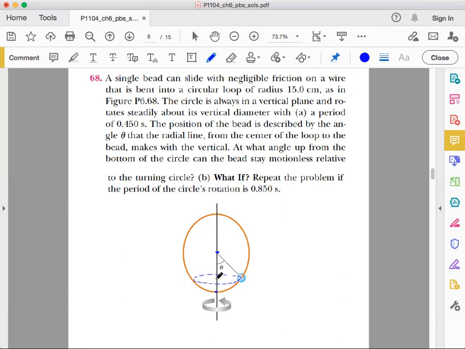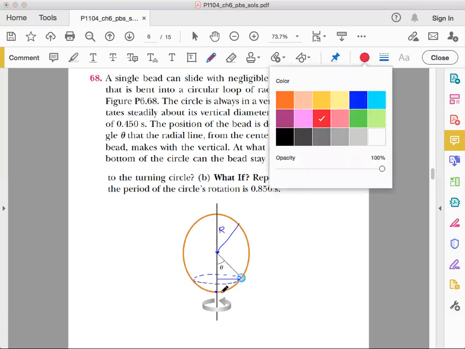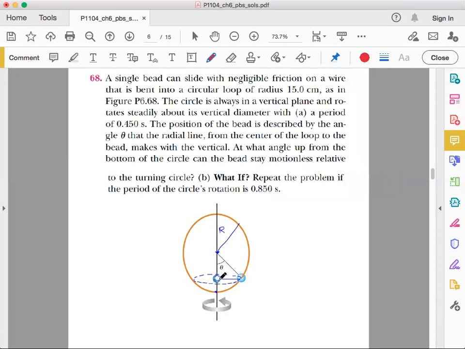I'll call the radius of the circular wire R, and let's call the radius of the circle along which the bead is traveling small r, just to differentiate between both.